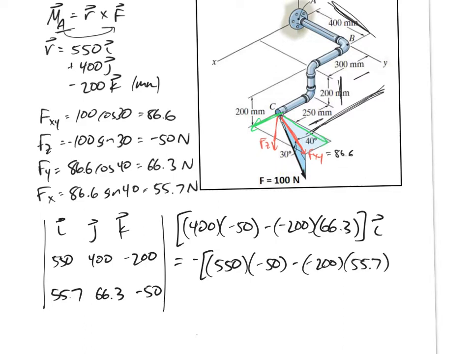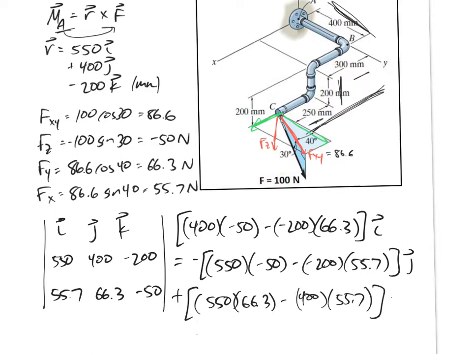And then plus the K component: 550 times 66.3 minus 400 times 55.7. That's the K component.